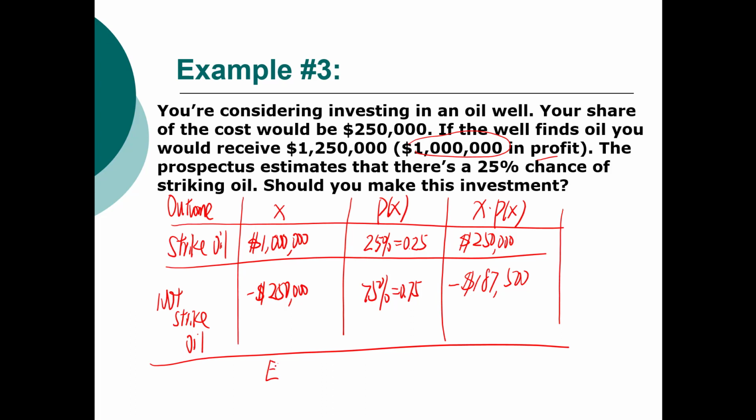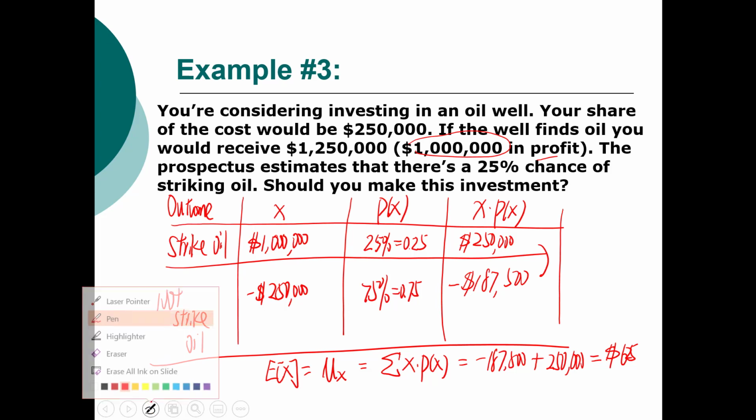So the expected value, the average return of all outcomes, is the total of x times p of x. So the sum of those two: 250,000 minus 187,500 is going to be a profit of $62,500.